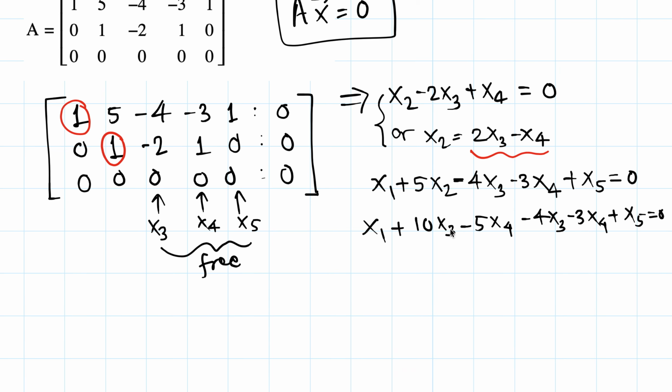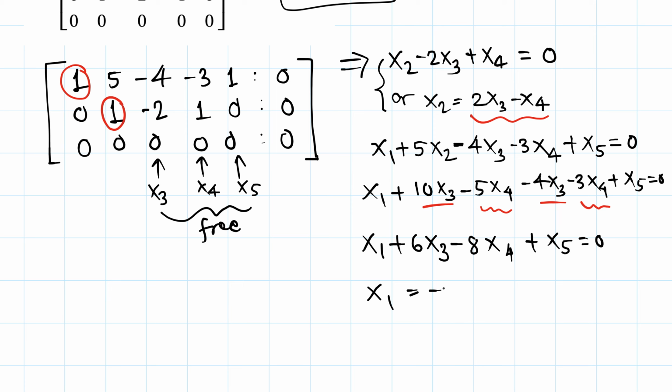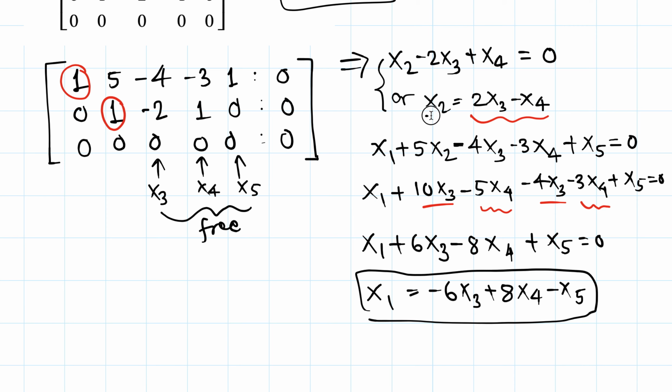We are solving for x1, right? And I think we can combine 10x3 and negative 4x3, and 5x4 and 3x4. So x1 plus 6x3 minus 8x4 plus x5 equals 0. Now we can isolate x1. Subtract 6x3 from both sides, add 8x4 on both sides, subtract x5. So x1 is here, x2 is found here, and x3, x4 and x5 are just free variables.